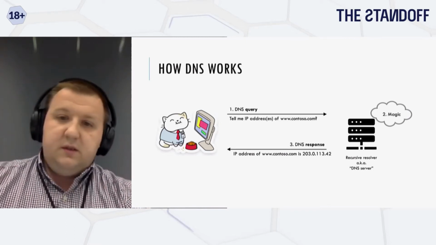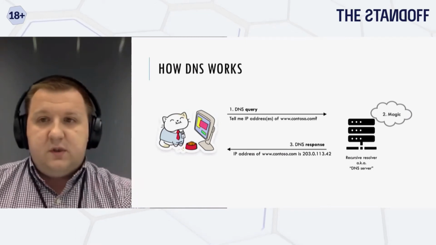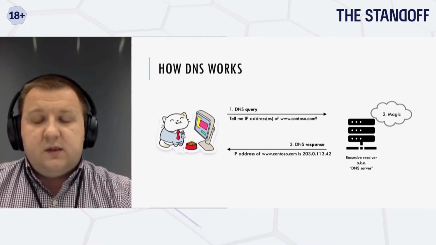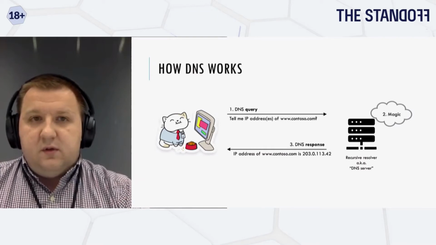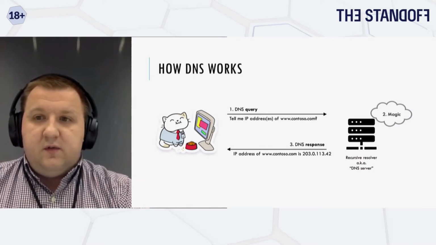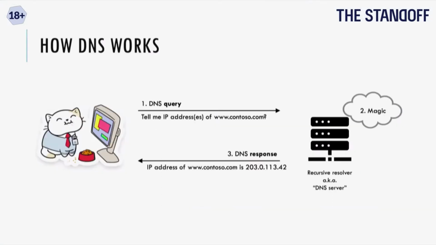When you enter a domain name in the browser address field, the first thing the browser will do is to actually match it to an IP address. In order to do that, the browser will actually need to contact a DNS server. Actually, it probably should be called a recursive resolver, but most people around the world call it simply a DNS server.